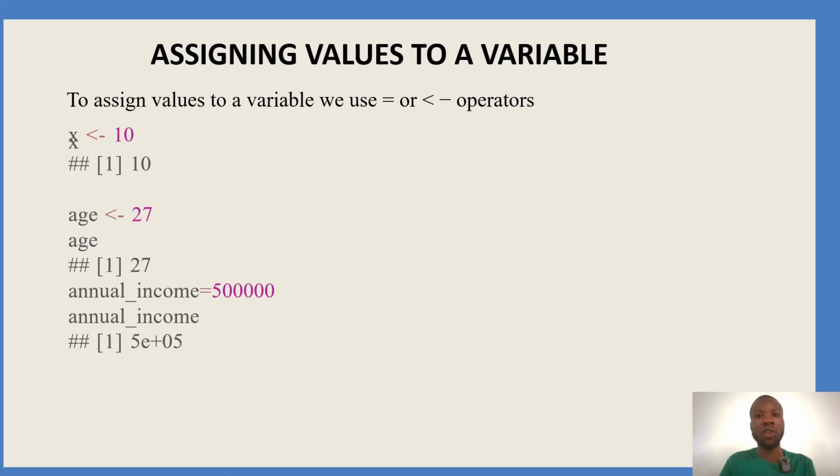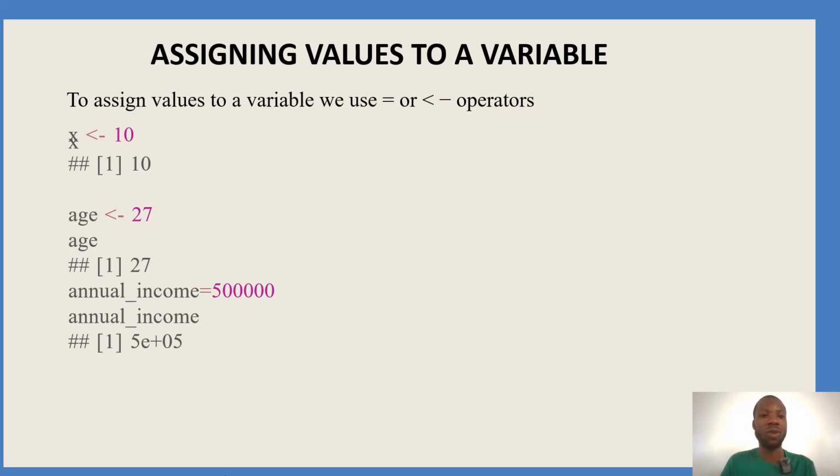To assign a value to a variable or an object, we use the equal operator or the less-than-minus operator. It is your choice which to use, but most of the time we recommend using the arrow, less than and minus, or equal.